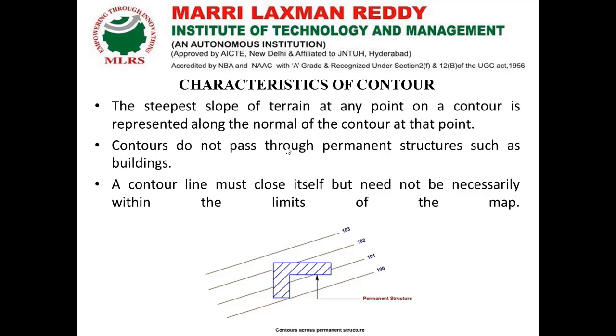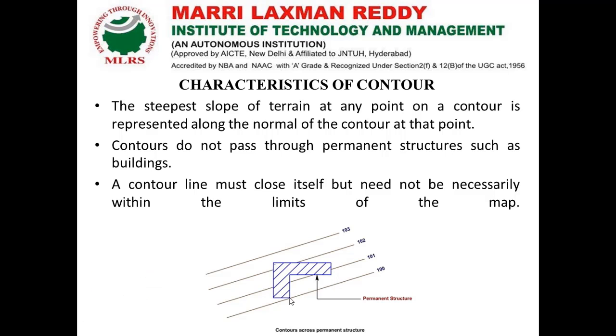Then next, contours do not pass through permanent structures such as buildings. Here, while taking the reading, the building is the interruption.